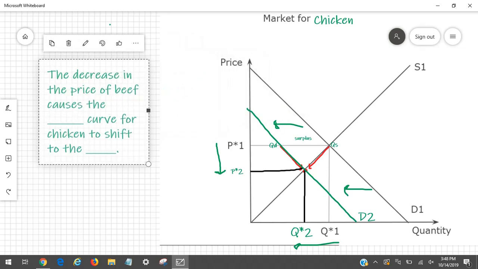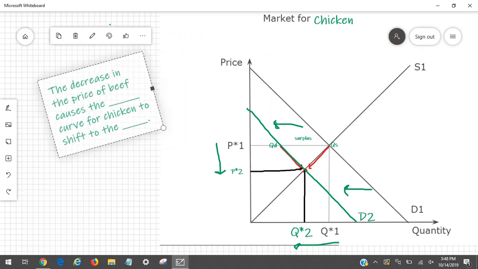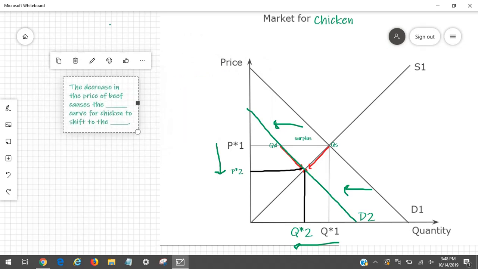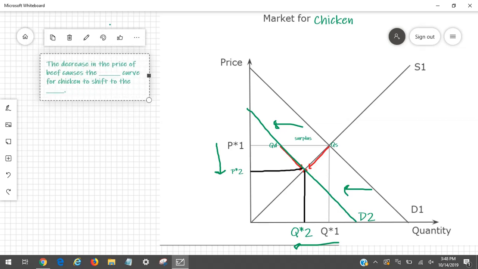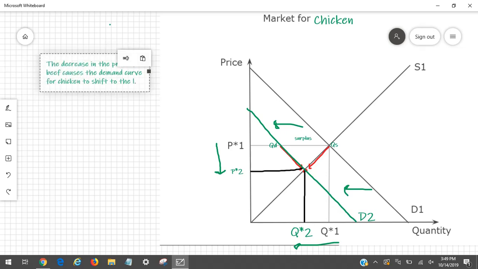Okay, and you would have to fill in the blanks or select the appropriate thing to go in those blanks, whatever the case may be. And of course, in this case, the answer would be that the decrease in the price of beef caused the demand curve for chicken to shift to the left. So the demand curve shifted to the left. That would be the first part.